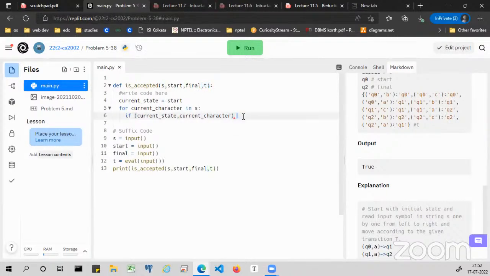If there is such a transition, then what will we do? We will go through that transition's value and store it in the next current state, correct? If this is the case, what would we do?